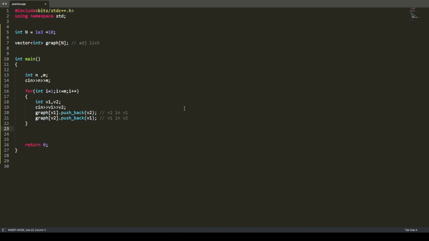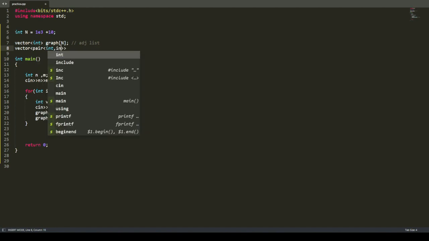So let's talk about how to take input if the weights of the edges are given. For that we make a graph of vector of pair int comma int.